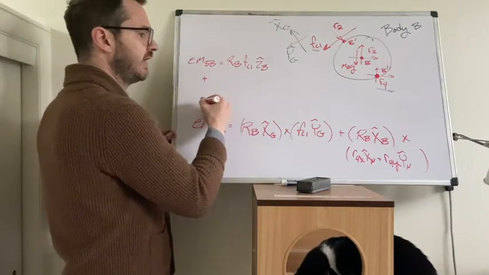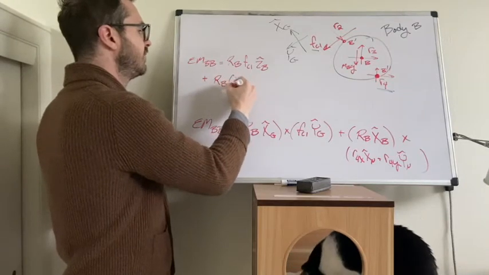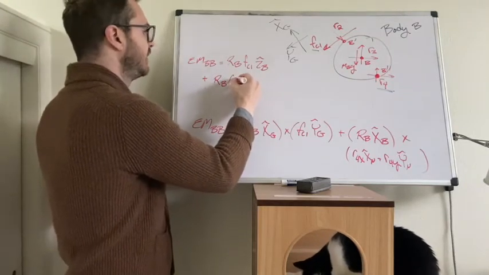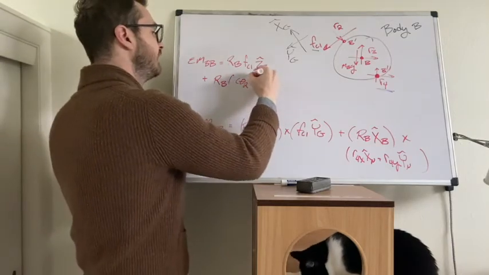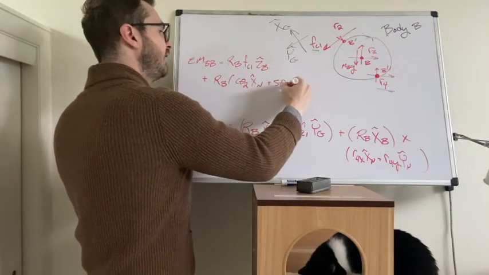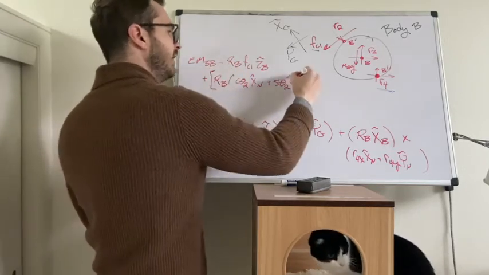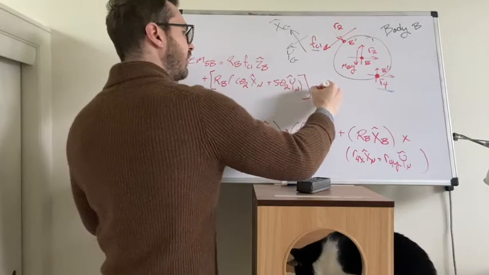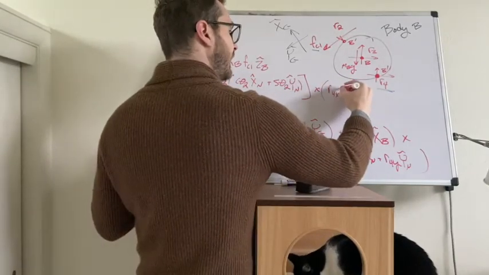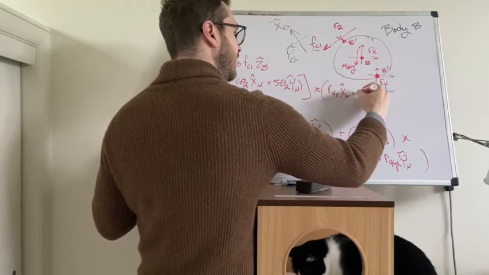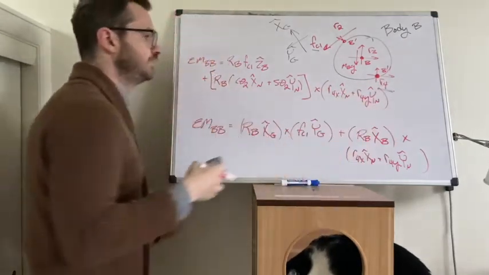So I'm going to say plus RB multiplied by cosine theta 2 x hat n plus sine theta 2 y hat n. It is this quantity cross these forces, R4x xn and R4y yn.